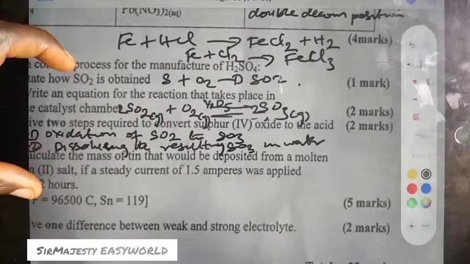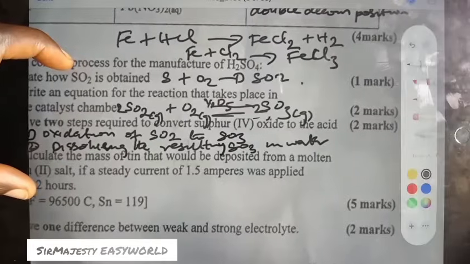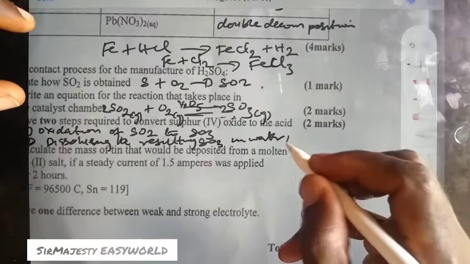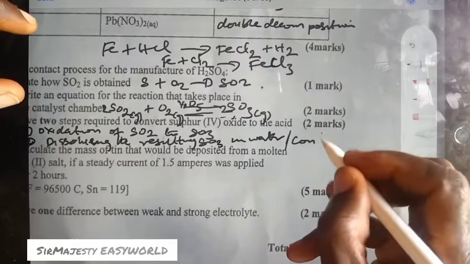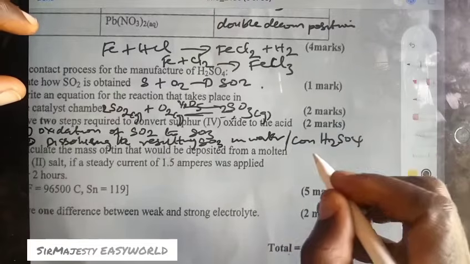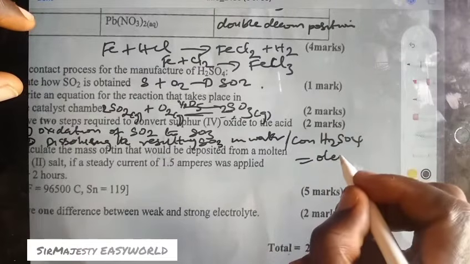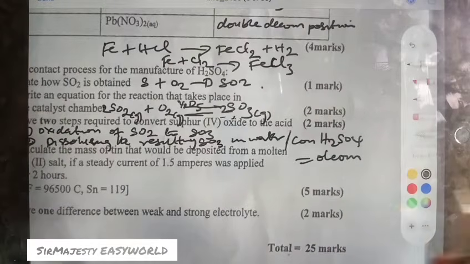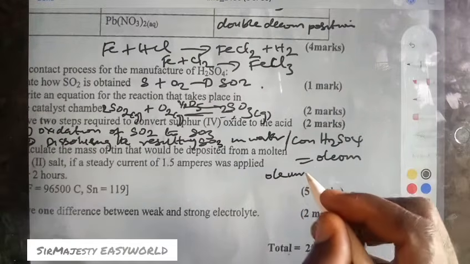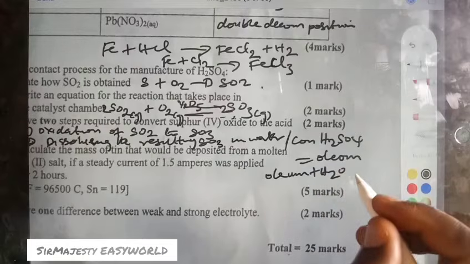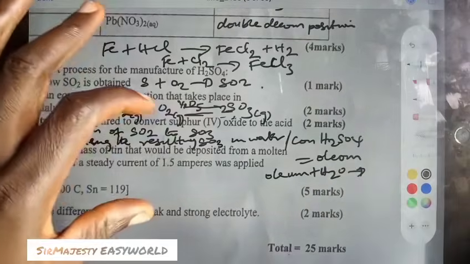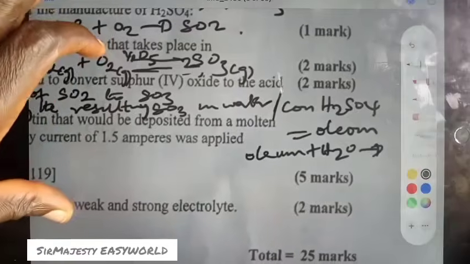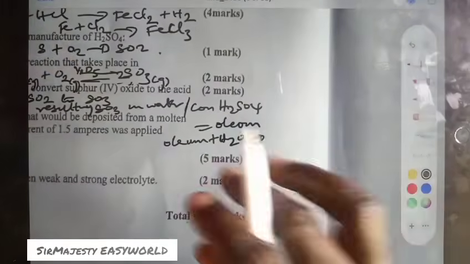So I suggest you tell the marker by dissolving the SO3 in concentrated H2SO4, also existing as a spray of H2SO4, to give you oleum. So the oleum now should be further treated with water. So the oleum will be diluted with water to give you the required concentration of the acid you want, to give you now H2SO4.